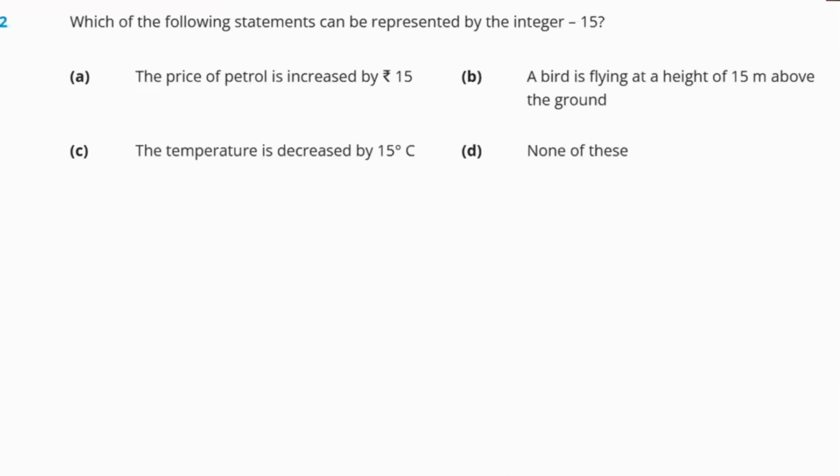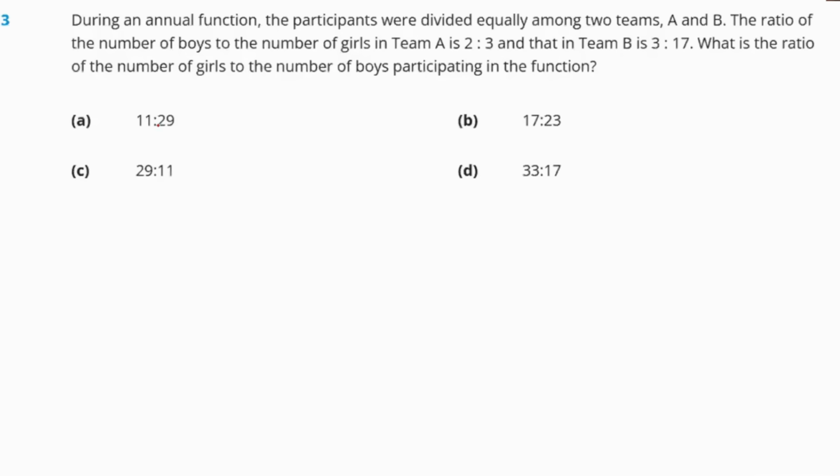And in the third case, the temperature is decreased by 15 degrees Celsius. Yes, in this case, we can say minus 15 degrees Celsius. So only the third case can be represented by the integer minus 15. The correct option is option C: the temperature is decreased by 15 degrees Celsius.